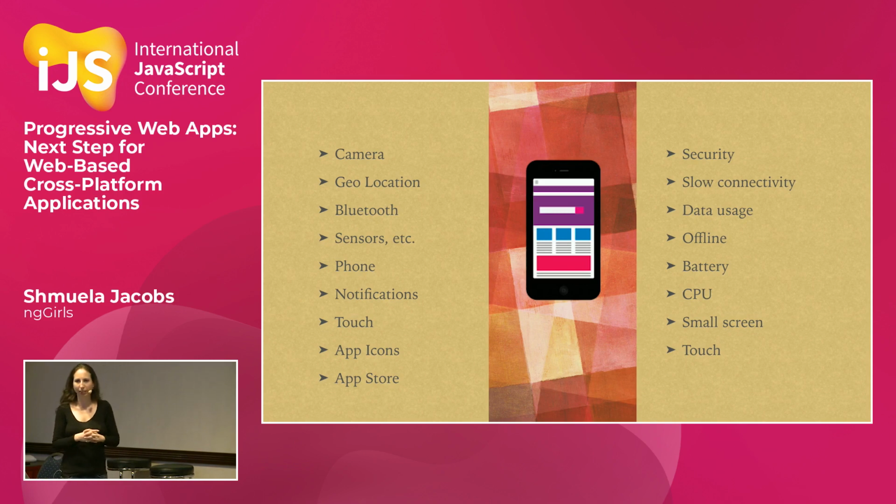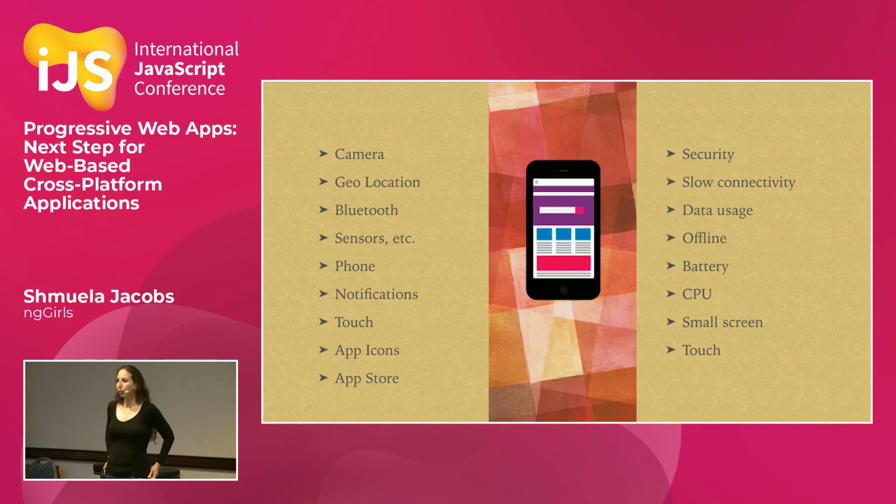So we look at our mobile phones, and we see a lot of abilities and also a lot of restrictions. And we want to make our applications compliant with all these abilities and restrictions.